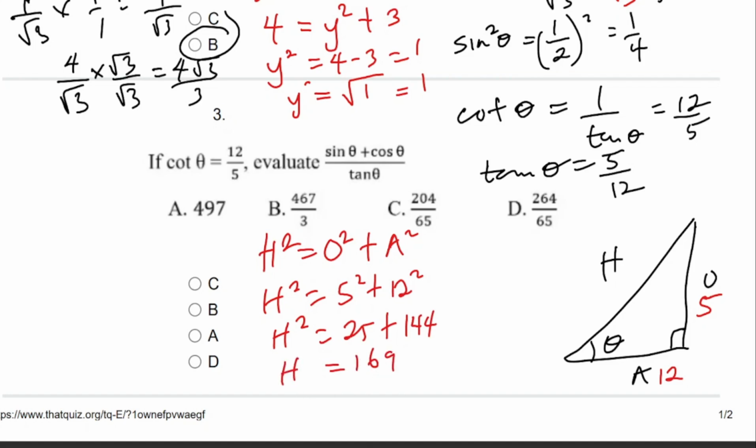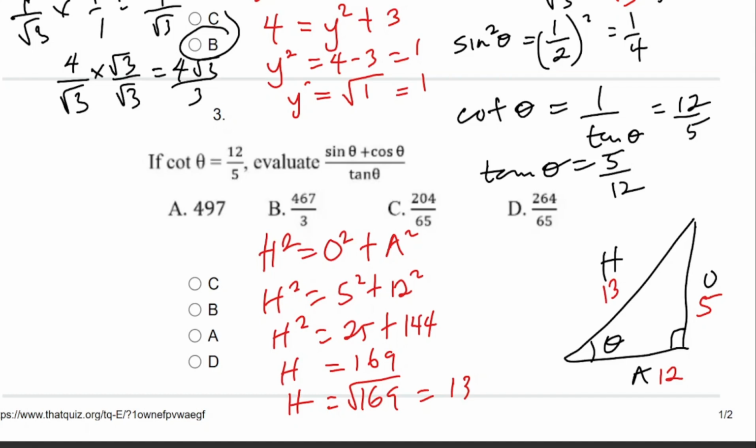So h will then be equal to the square root of 169. That is 13. Am I with you? So we've known this to be 13 units.